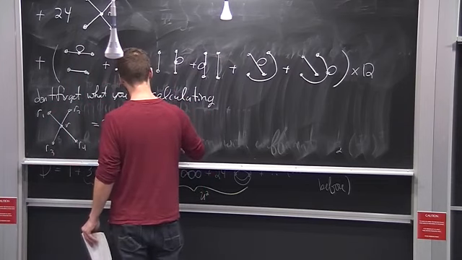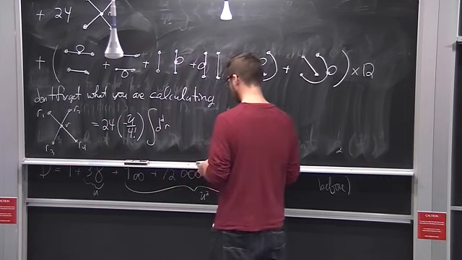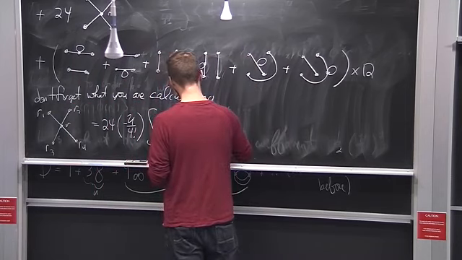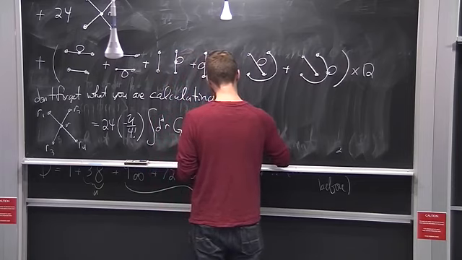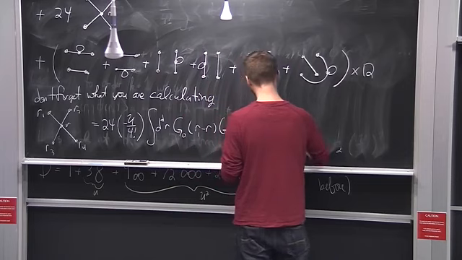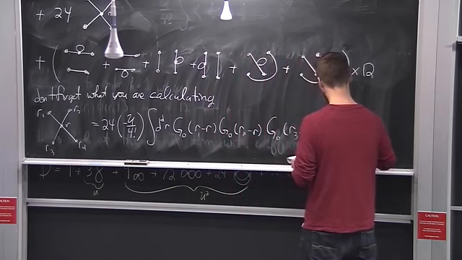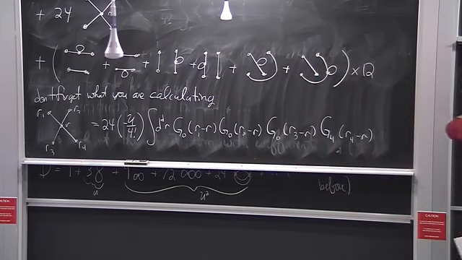There's an integral over R. And then all of these, so it's going to be R1 minus R, R2 minus R. All these 2-point correlation functions.